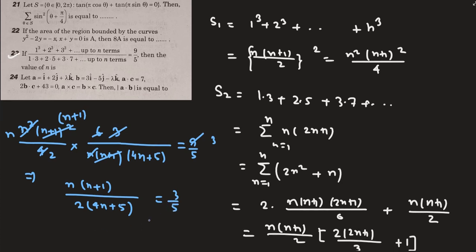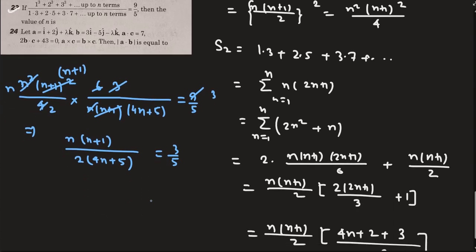So do the cross multiplication, you will get one standard equation after multiplying, and this will be 5n square minus 19n, sorry, it will be minus 30, which is equal to 0. 5n square minus 19n minus 30 equal to 0.